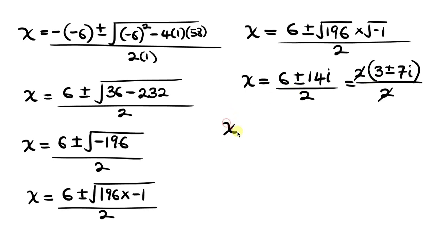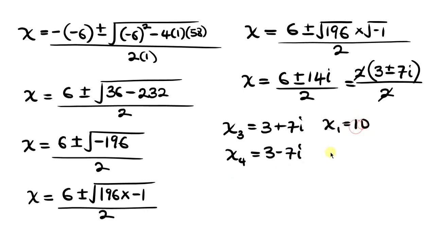So our third solution for x is equal to 3, go with the positive, plus 7i. And our fourth solution for x is equal to 3, this time go with the negative, minus 7i. So actually 4 solutions. Remember the first 2, we have x1 to be equal to 10, and we have x2 to be equal to -4.